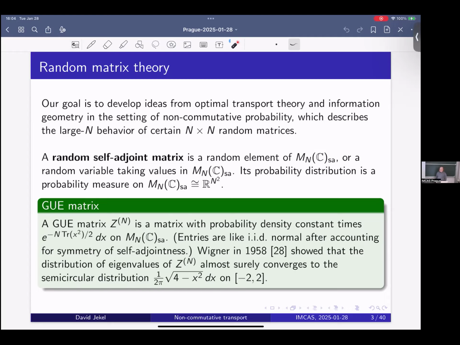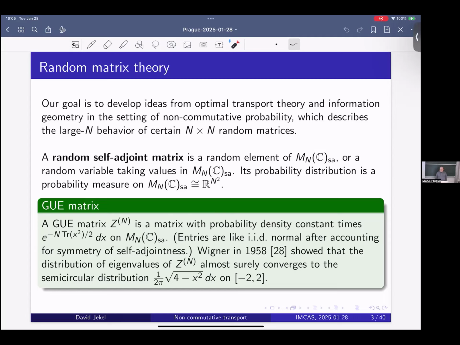And the prototypical example is the so-called Gaussian unitary ensemble. The reason it's called this is because it's a Gaussian random matrix. The entries are jointly Gaussian, and they're independent up to symmetry. And there's a certain normalization on it. It's called the Gaussian unitary ensemble on account of the distribution being invariant under conjugation by unitaries.